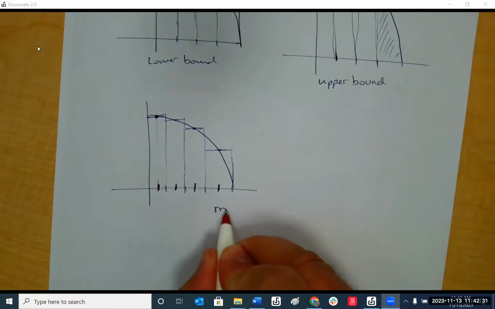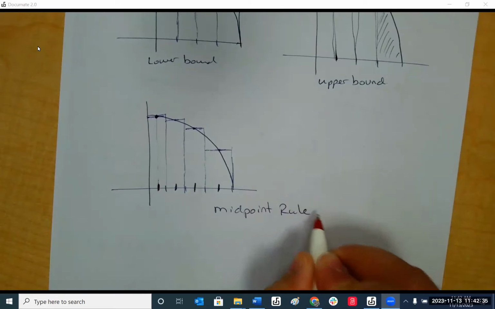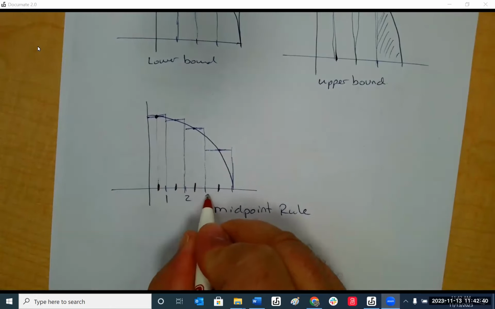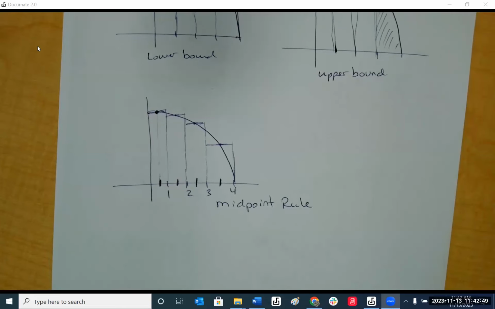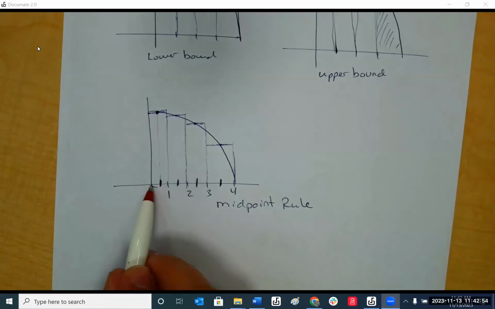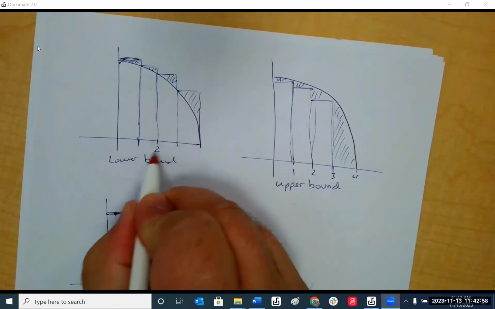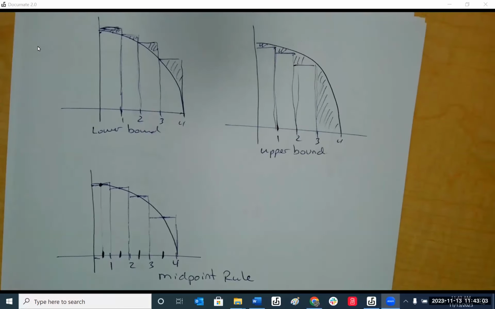We call this the midpoint rule. Because here's my 1, 2, 3, 4. So here again, we have the same. This is 1, 2, 3, 4. 1, 2, 3, 4. So they're all in the same intervals.